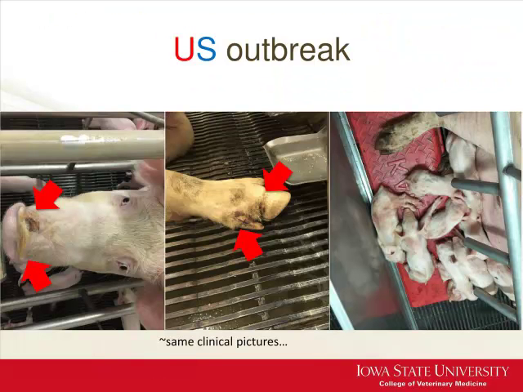In the US, the outbreak showed really similar pictures: snout lesions, coronary band lesions in the sows, and also the neonatal mortality in piglets. It's very strikingly similar to what we saw and described in Brazil.